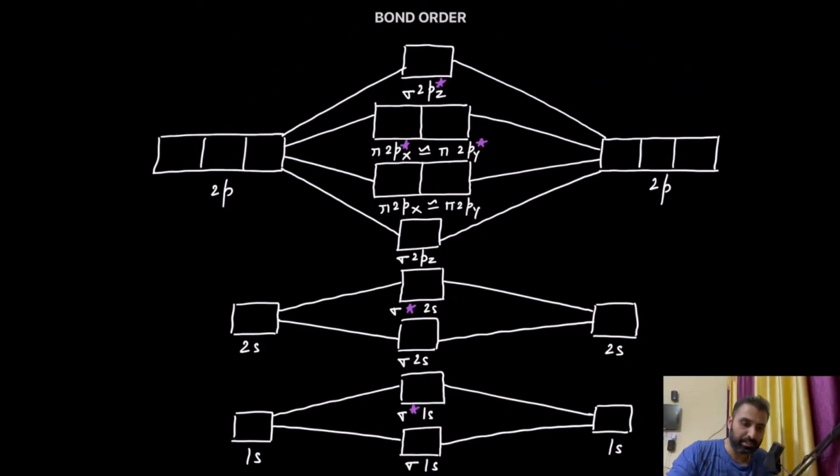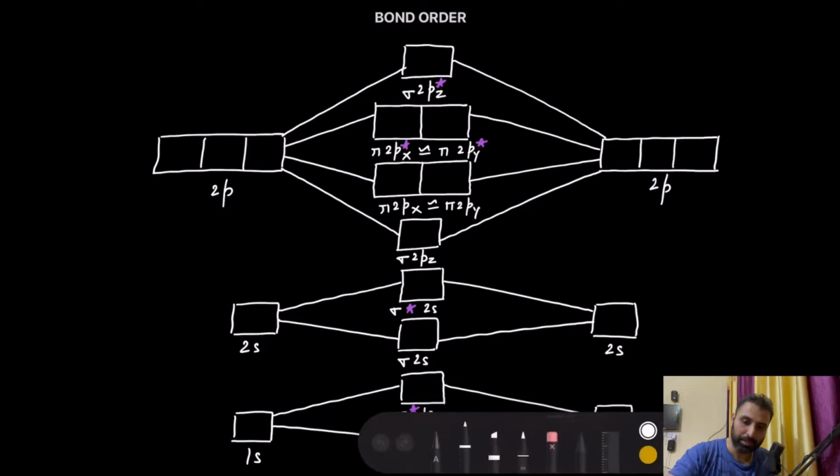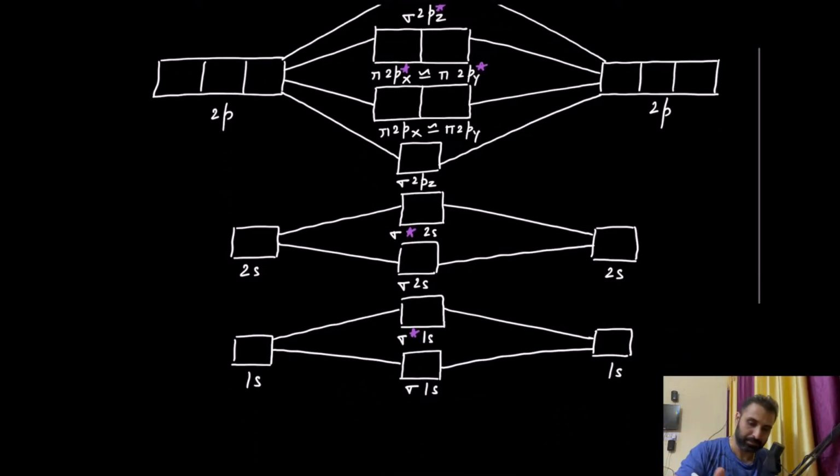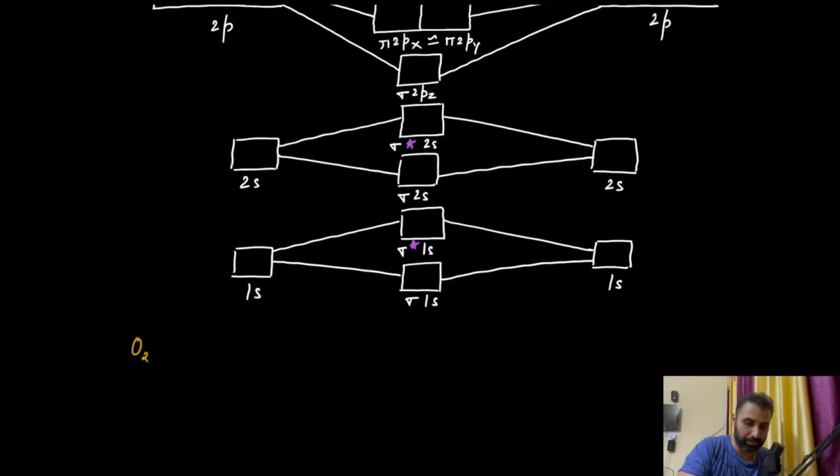That's the screen on which I have already made the molecular orbital diagrams. Now let's evaluate the bond order for O2, O2 positive, and O2 negative. First of all, I'm talking about the O2 molecule.